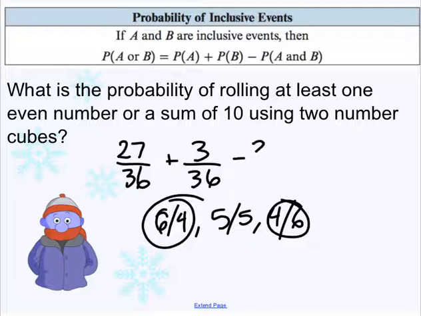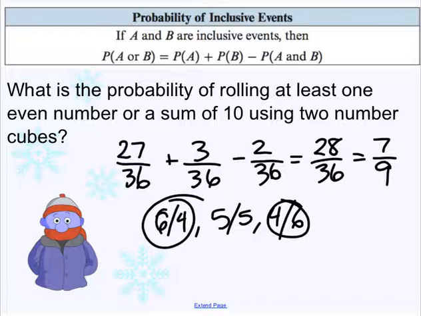So I need to subtract 2 out of 36 because they were counted twice already. So I want to even it out by subtracting 2 out of 36, which means my answer is 28 out of 36, which reduces to 7 out of 9. Okay? These are inclusive events and I need to take away what has been overlapped.